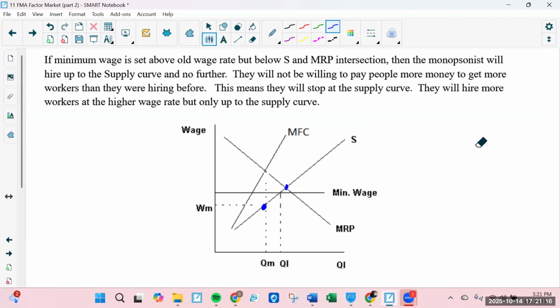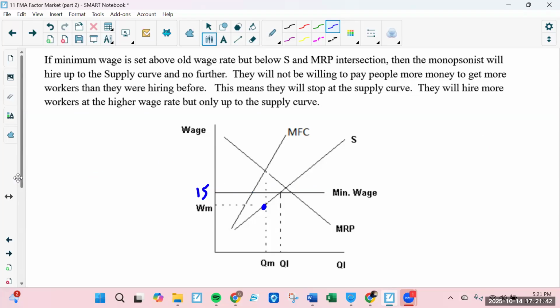Okay, so what we do here is the minimum wage. The way you have to think about this in your mind is the minimum wage becomes the MFC. I can hire as many workers as I want at that wage, so the minimum wage becomes the marginal factor cost. If the minimum wage is set at, say, $15, then I can hire as many workers as I want at $15.